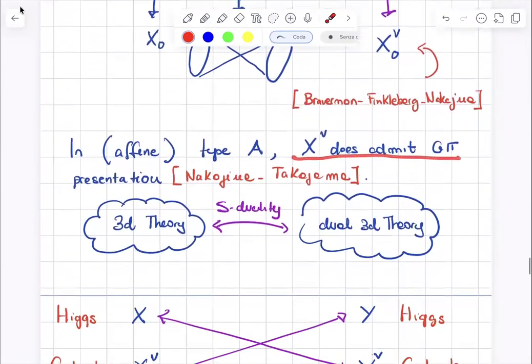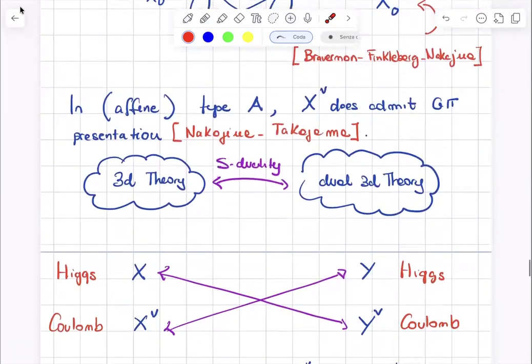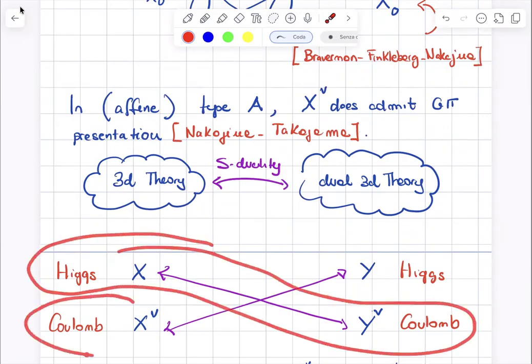My understanding is that this comes from something known as S-duality, which essentially says that these 3D theories with supersymmetry N=4 have a gauge theoretic duality, and one of its defining properties is that it swaps Higgs and Coulomb branches on the dual side.